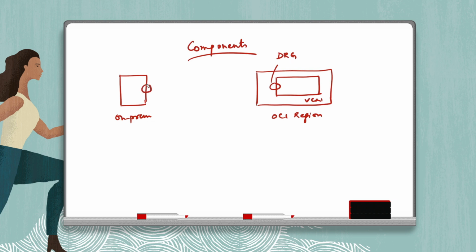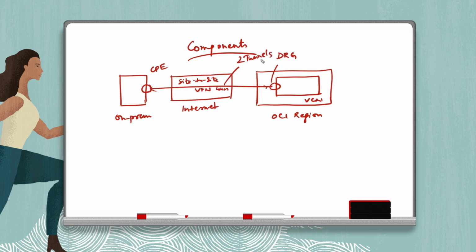On the on-premise side, there is a customer premises equipment, and I'm just representing this as internet. This is your site-to-site VPN connection, and it has two tunnels, as I discussed.